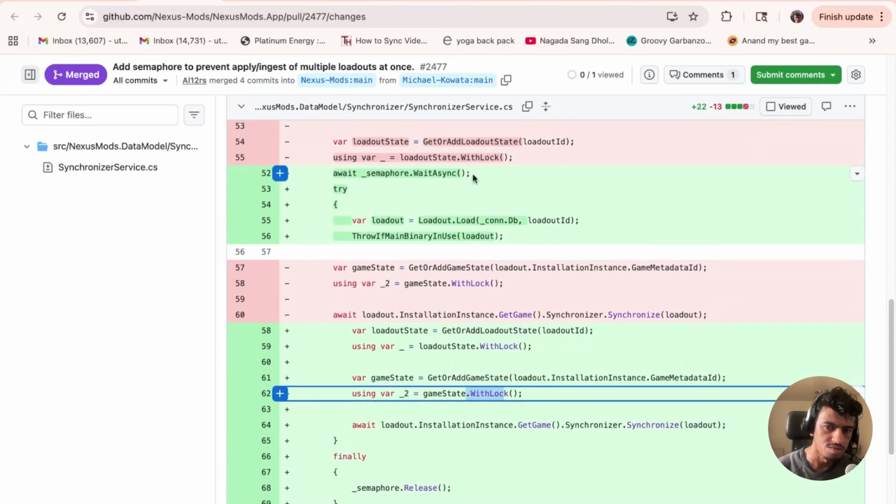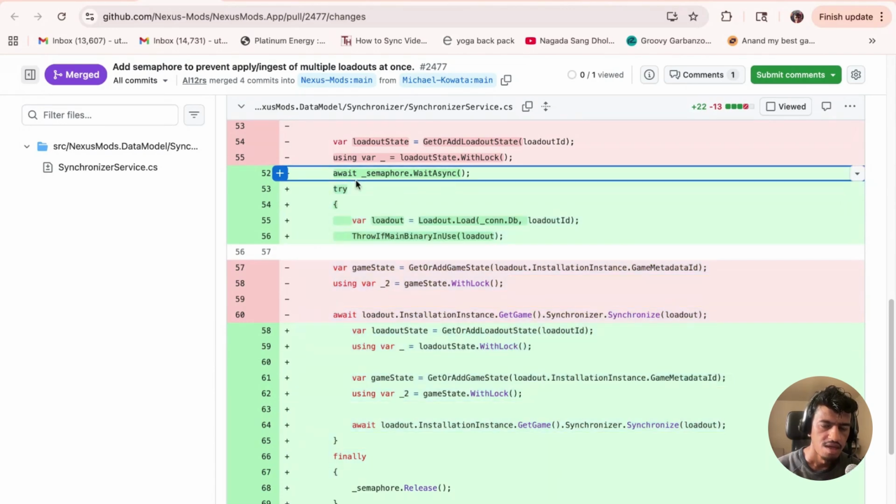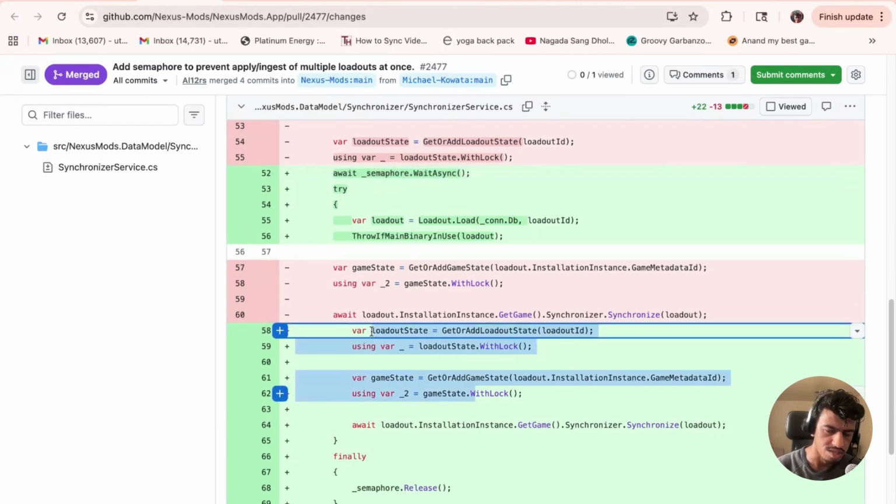But their solution was to basically wrap the whole thing in a try-catch. And they have this semaphore thing, which is basically a better locking mechanism. And so in a way, this lock takes precedence over these locks.